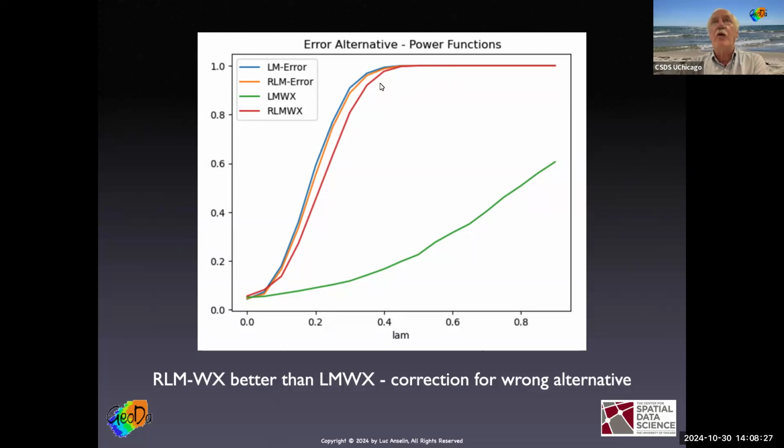So you're correcting for the wrong thing, and you get weird results. We'll see that in the empirical illustration as well. Of course, here I know what the true model is. In the empirical illustration, I don't. Right? That's the difference.